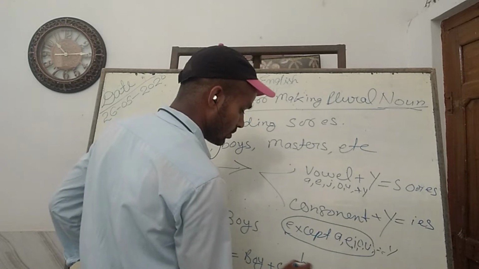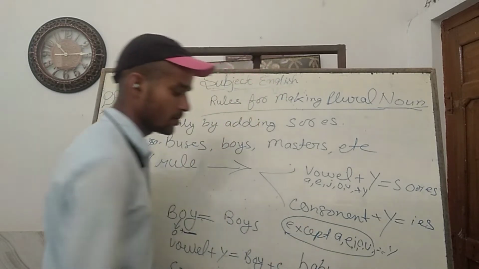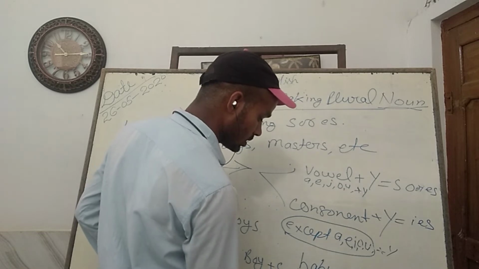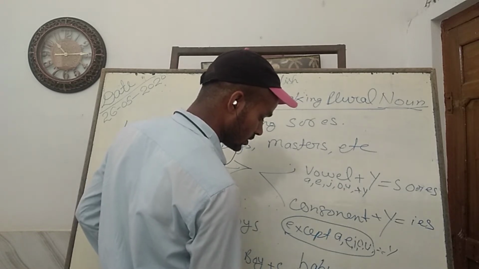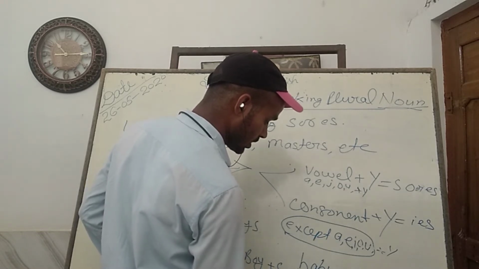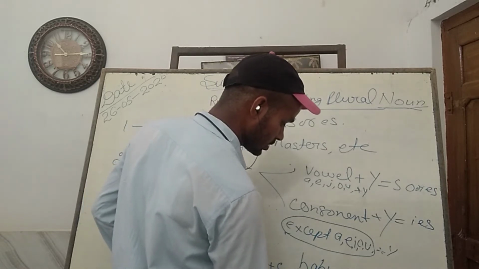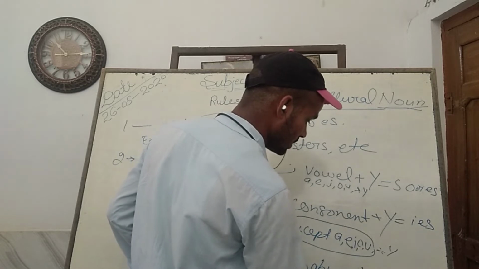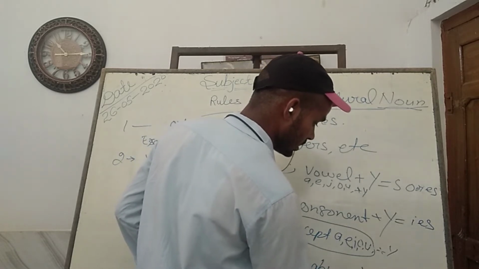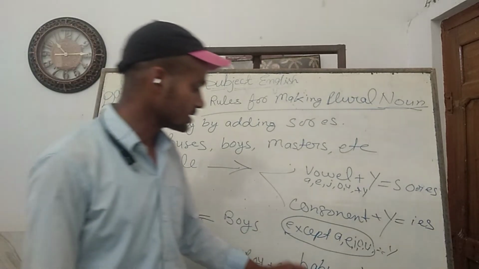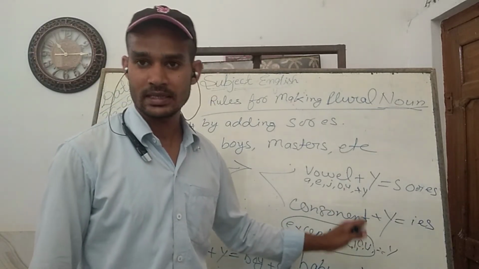In the same way, baby: b plus y, that is consonant plus y, so babies. In such a way all these plural forms are made.